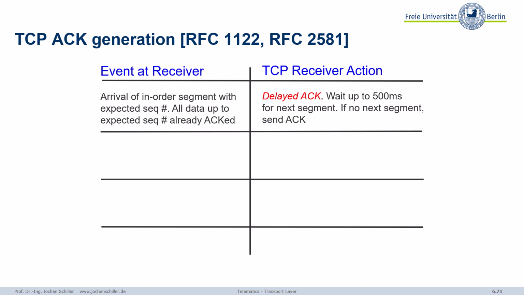Then I do not immediately send back an acknowledgement, but I delay it. I wait for the next segment. If I have a next segment, I send back the acknowledgement then, because that's something new. If there's no next segment, then I send the acknowledgement after 500 milliseconds, because otherwise maybe I get the same stuff 3 times.